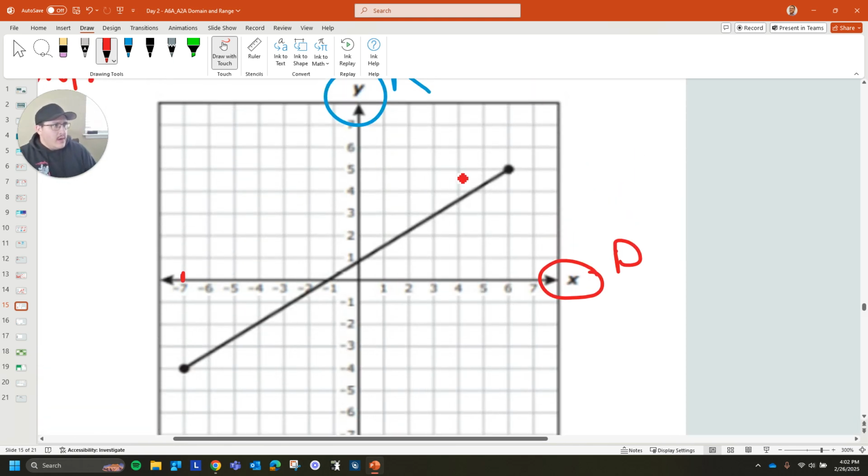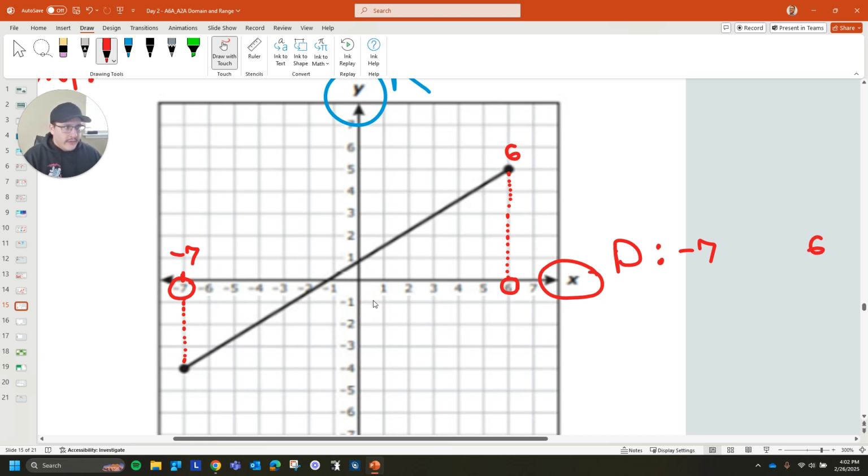For the domain, all the way to the left, the x value is -7. All the way to the right, it stops right here. What is the x value for that? Well, that is 6. So for my domain, it has to be somewhere between -7 and 6.